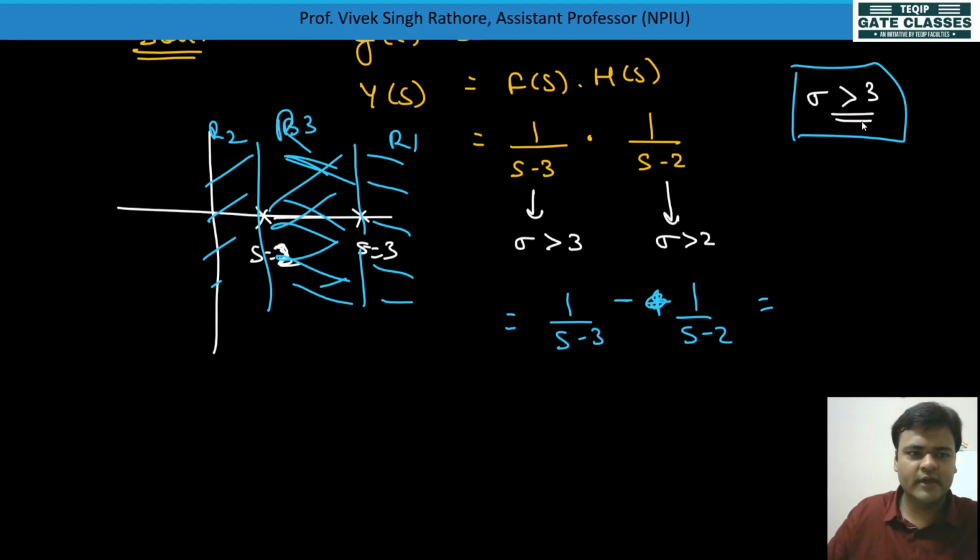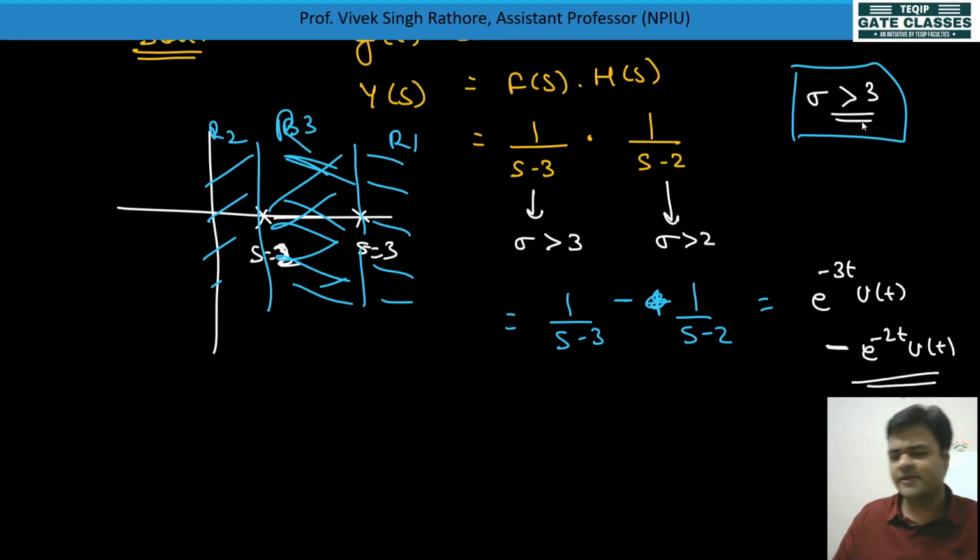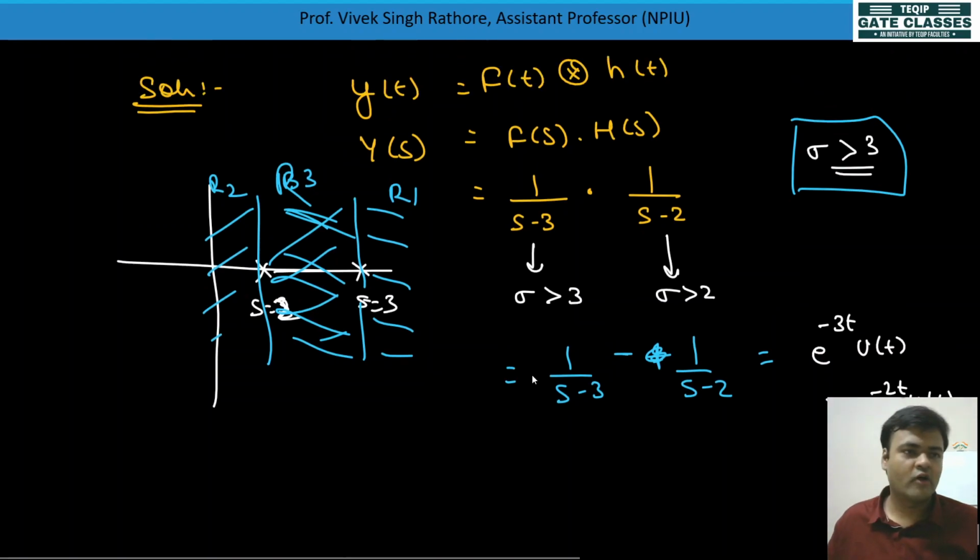So we can write it as e to the power minus 3t u of t minus e to the power minus 2t u of t, because it's causal. If it is not given in the question, we'll consider causal only. This is the final expression for the output of the system.